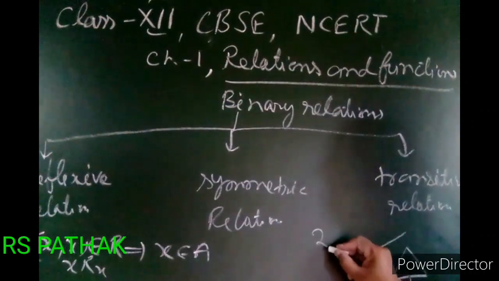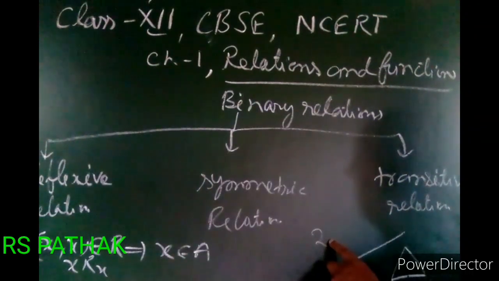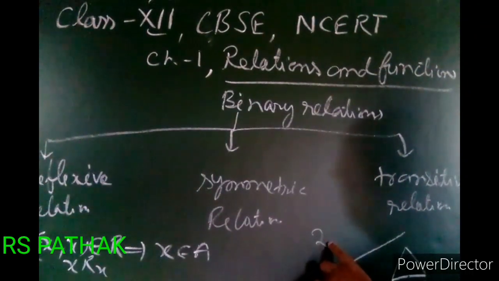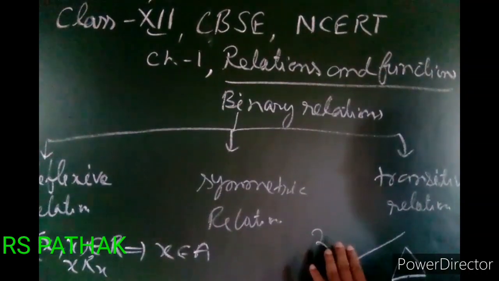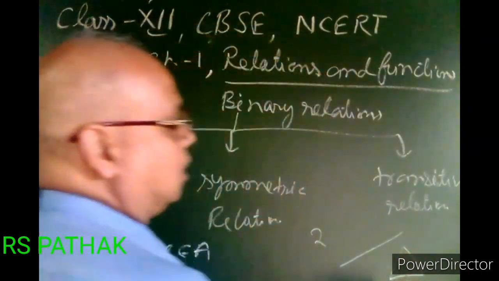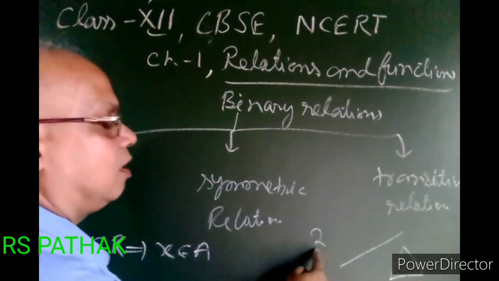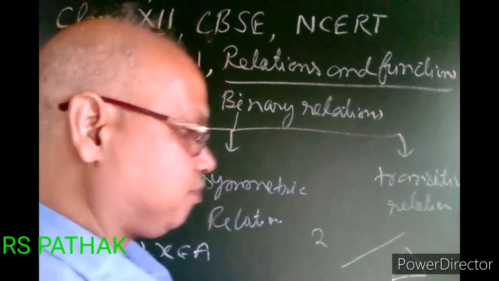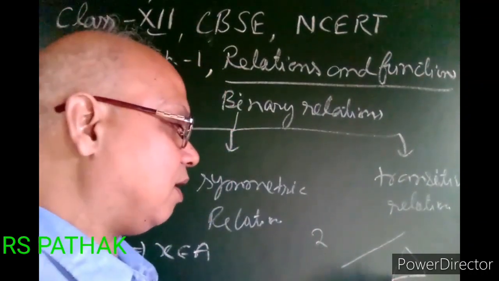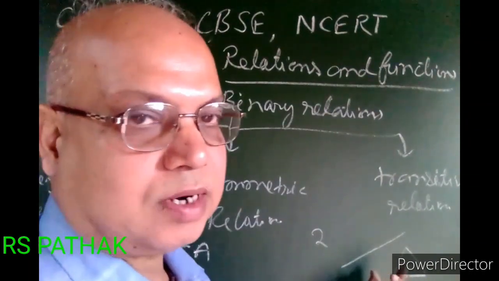Every number is equal to itself. 2 is equal to 2. Therefore, this satisfies reflexive relation. Every line is parallel to itself, every triangle is congruent to itself, every number is equal to itself. All these examples satisfy reflexive relation.